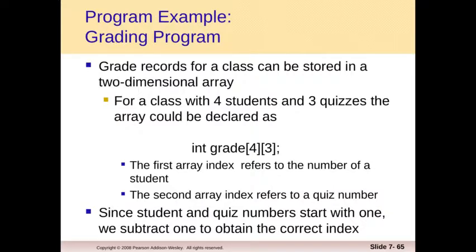Can you believe that? And we have a grade array, and that grade array is declared like this. If we view this as the lines, as I said, this is arbitrary, we have 4 lines, every line with 3 columns.